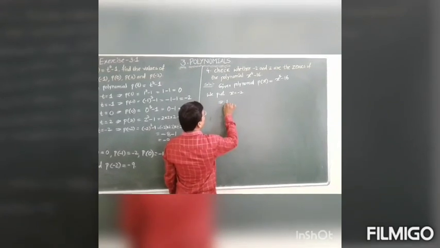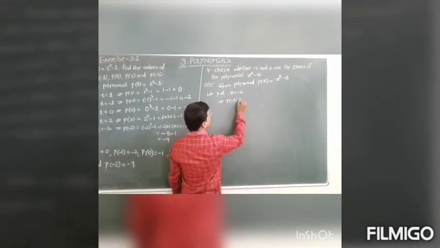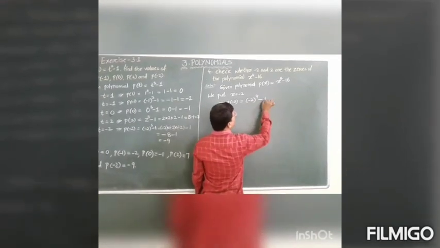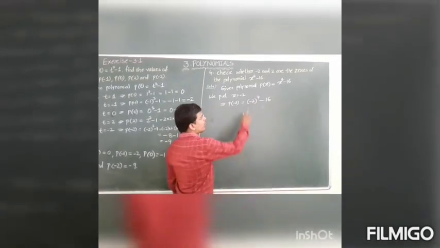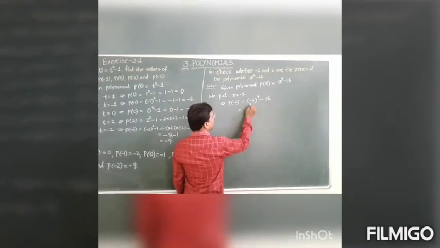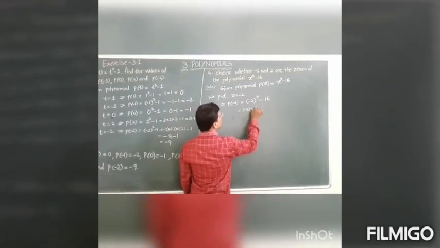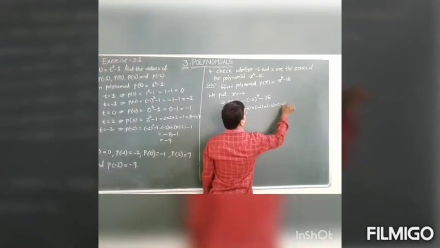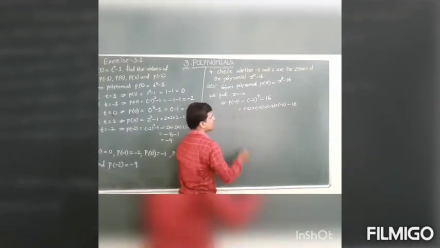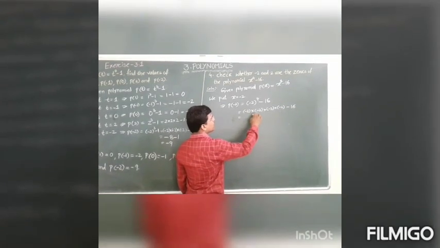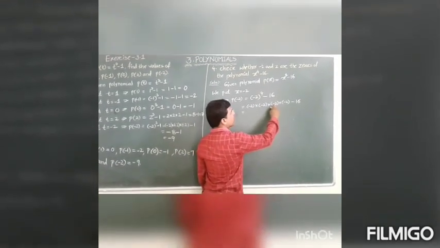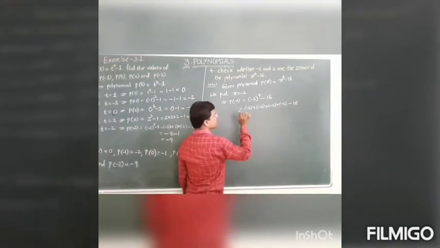So P of minus 2 is equal to minus 2 whole to the power of 4 minus 16. Minus 2 whole to the power of 4 means we have to multiply minus 2 four times. First multiply the signs: minus into minus is plus, plus into minus is minus, minus into minus is plus.